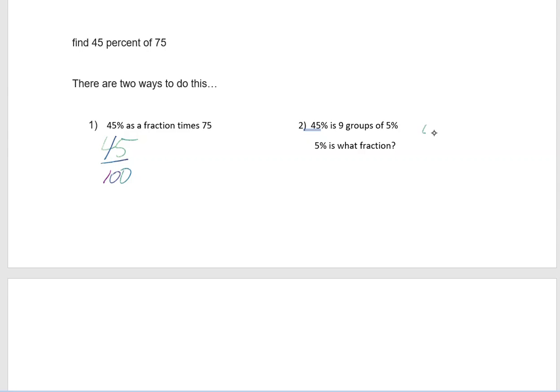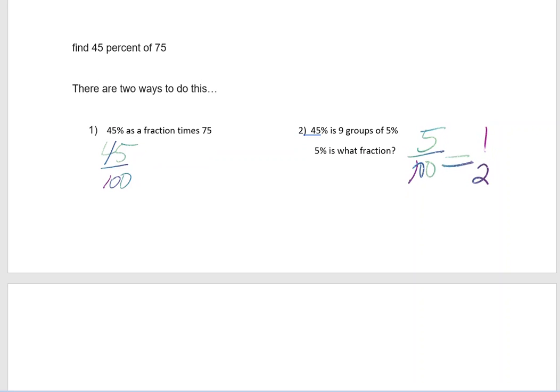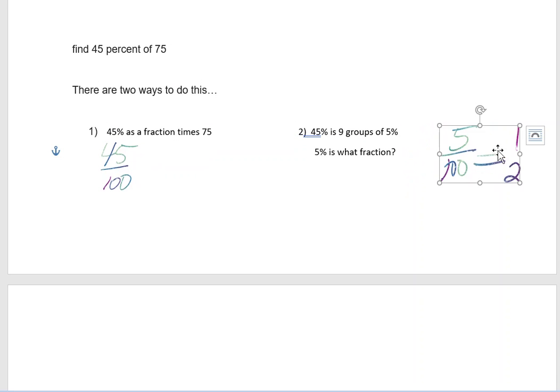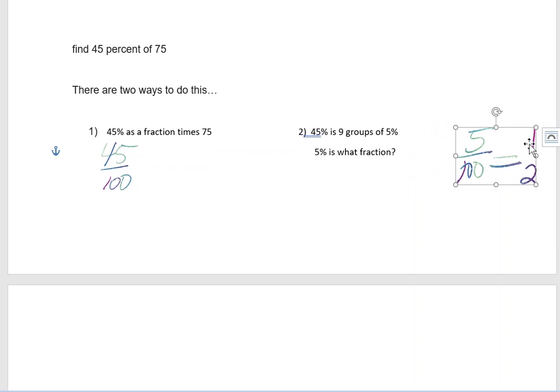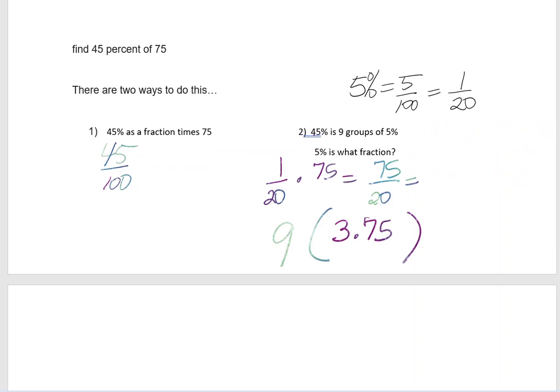So again, we would take 5 and put it over 100, and we would simplify that. If we divide the top and the bottom by 5, we get 1 over 20. So 5% is equal to 5 over 100, which is 1/20.